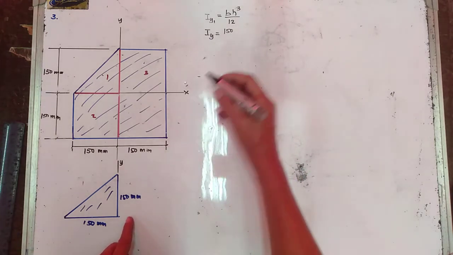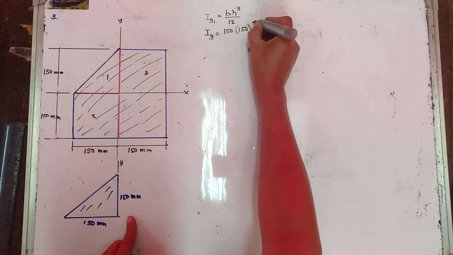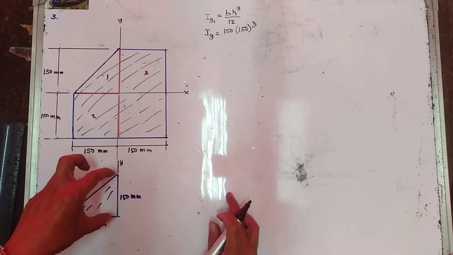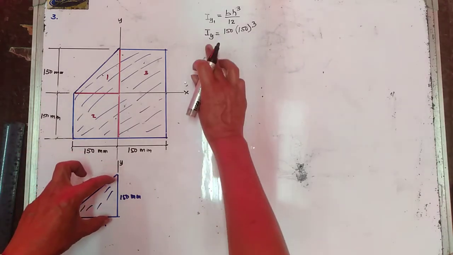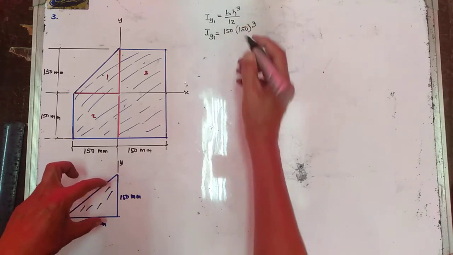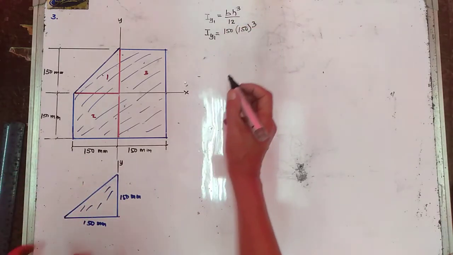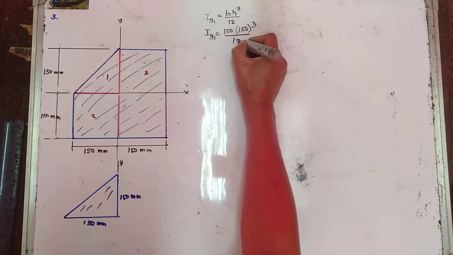So we have a 45-degree triangle. So we have 150 cubed. This 150 is the dimension parallel to the axis where moment of inertia is required. And this is now your 150 cubed all over 12.